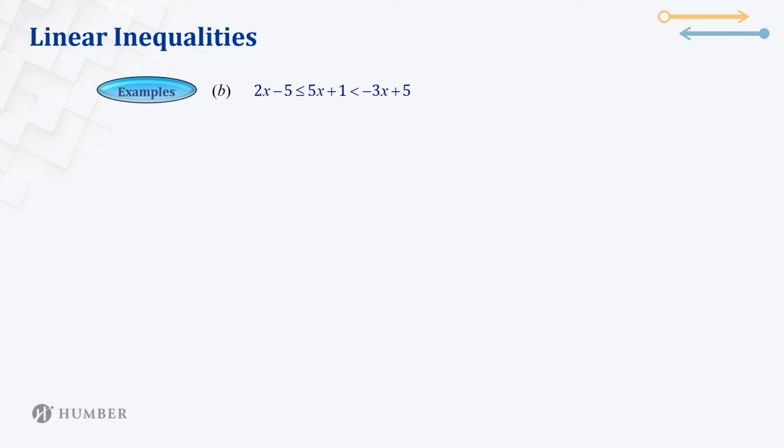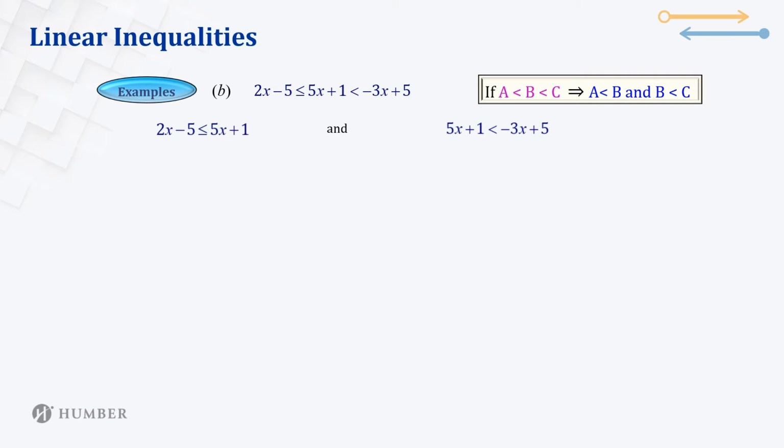Let's try to solve a double inequality problem using the second method this time. First, let's make 2 inequalities according to the rule. Starting with the first one, we collect x terms on the left side and constant on the right side to get negative 3x is less than or equal to 6.